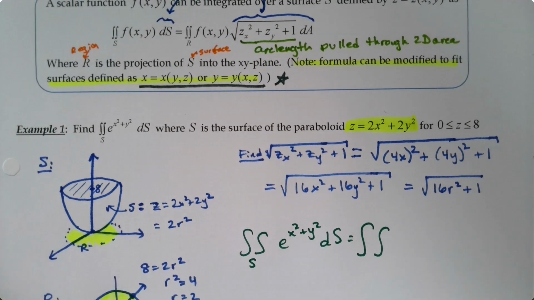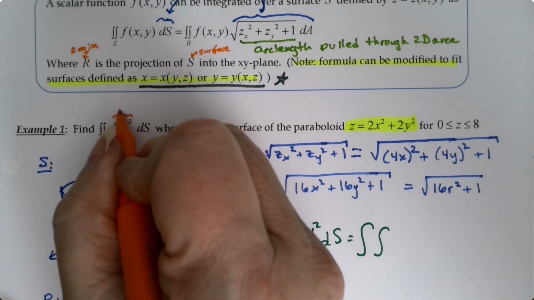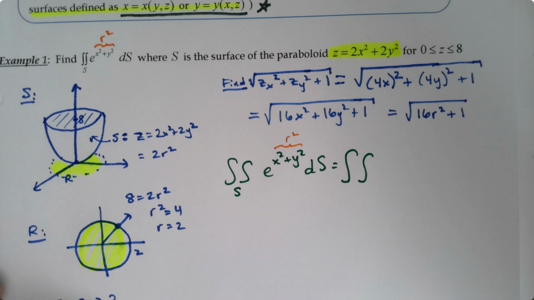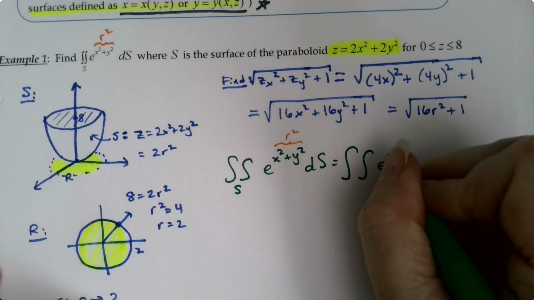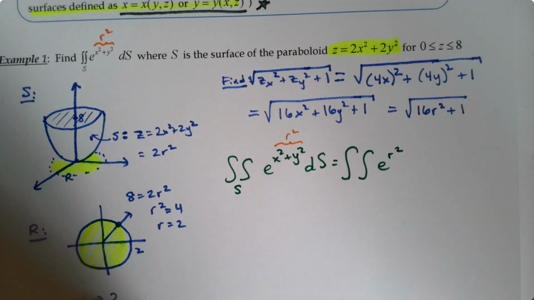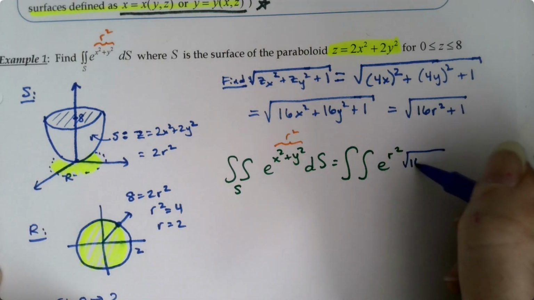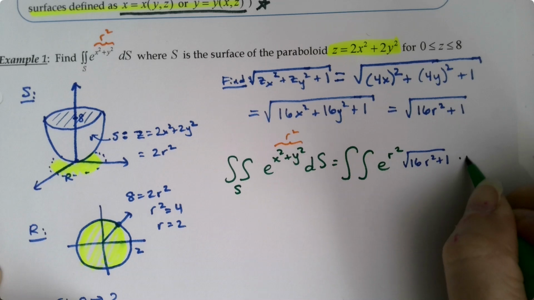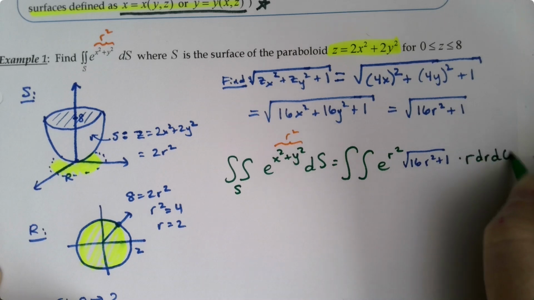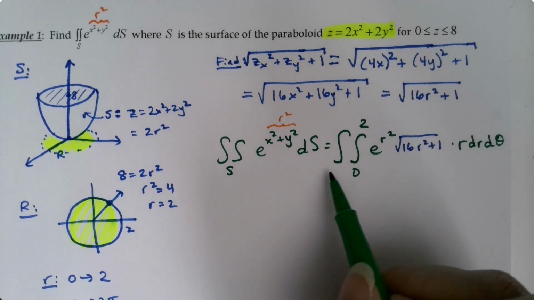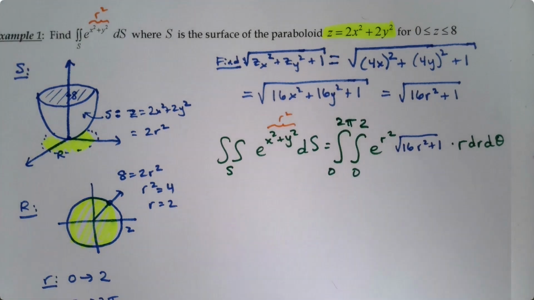So this is, of course, r squared, right? This is r squared right here. So we're going to make this e to the r squared, and then square root of 16r squared plus 1. And then we're going to multiply that by r dr d theta. r is going from 0 to 2. Theta is going from 0 to 2 pi.